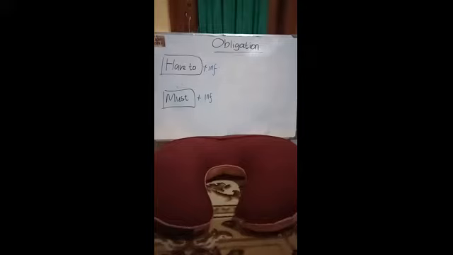Have to is used to express external obligation or general obligation. Have to is followed by infinitive or verb 1. Have to is used to express obligation related to laws or rules.